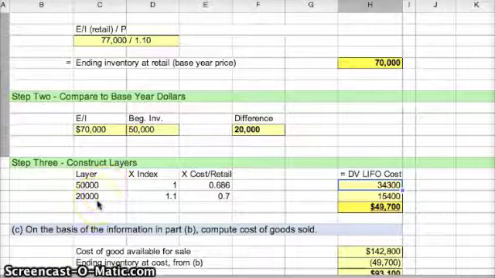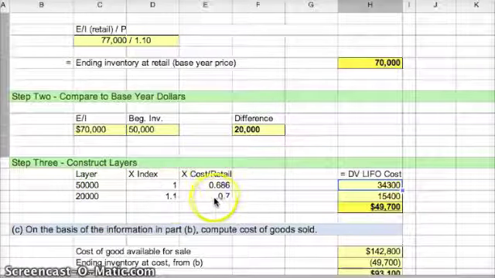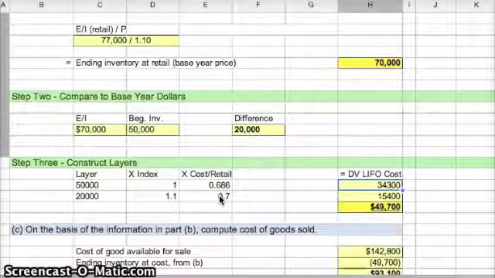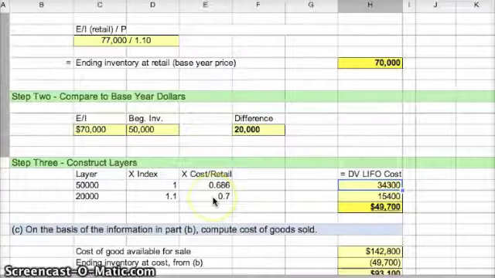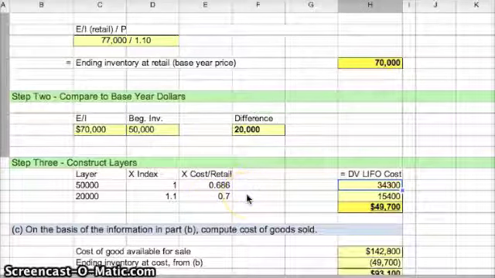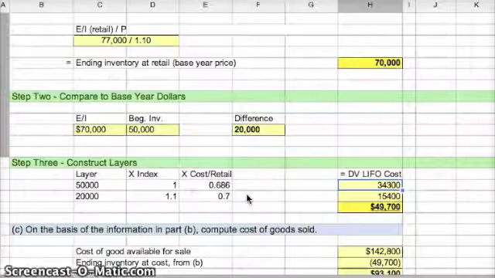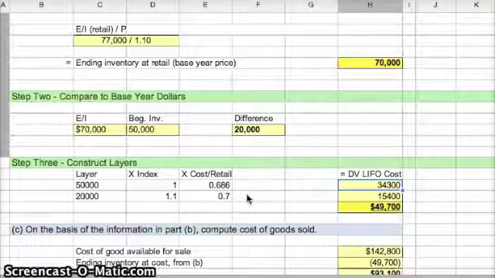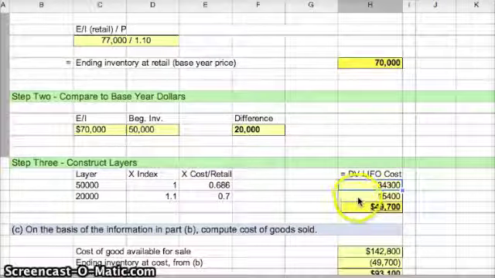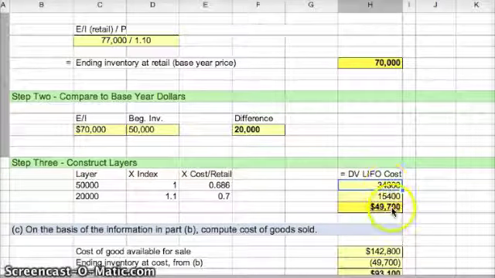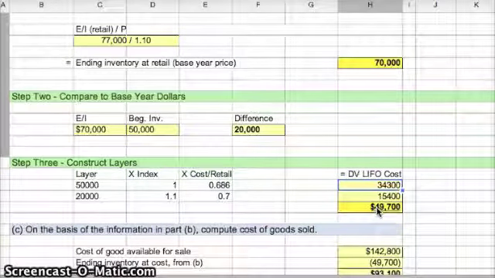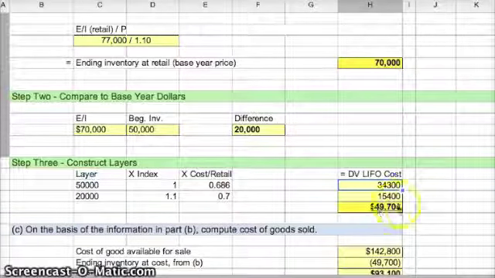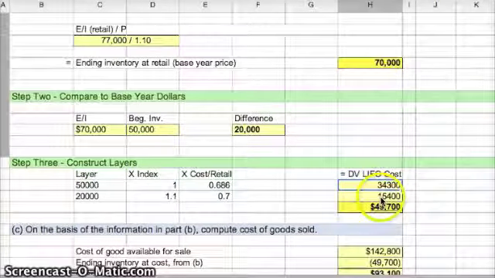You do the same thing with the second layer, 20,000 times 1.1 times 70%, and what this 70% is, is the purchases cost divided by the purchases retail plus the markups and minus the markdowns. When you divide that, you get 70%. Total these two columns, and right here we have our baby. This is what we did all the hard work to get right here.